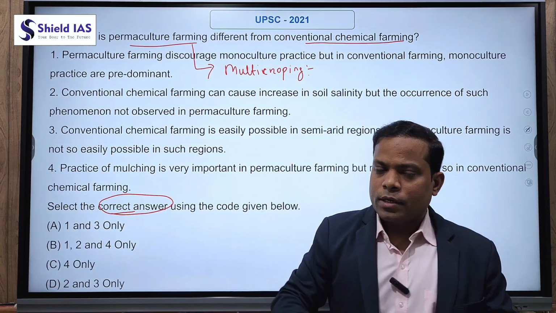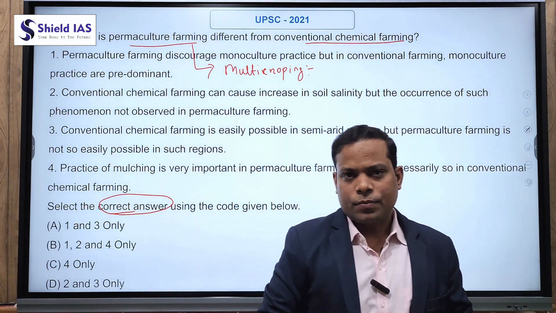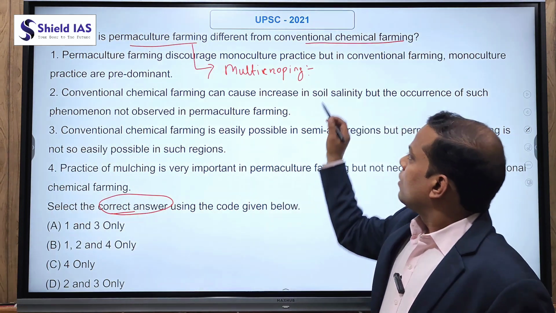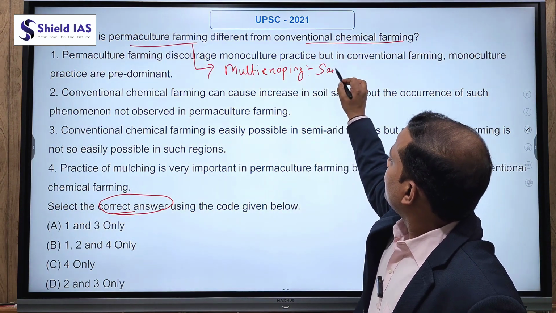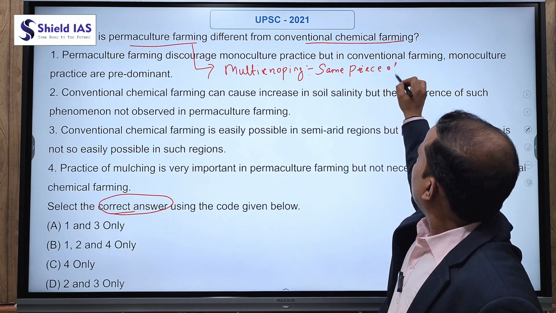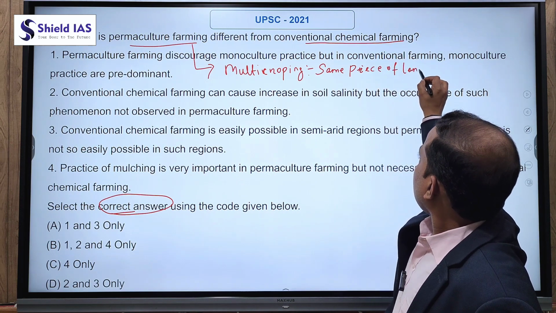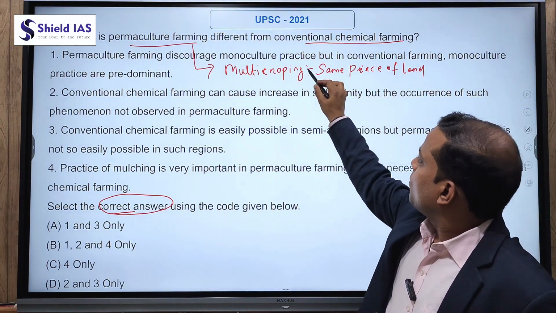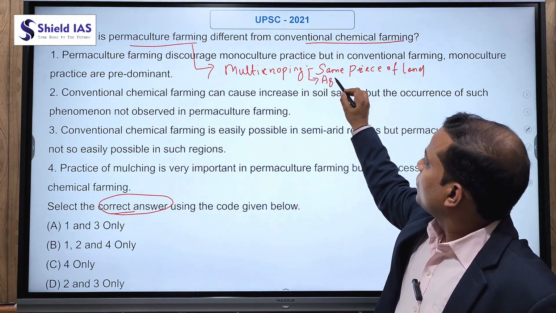And what is multi-cropping? It is a process through which farmers grow two or more crops on the same piece of land within a year. And the best example of multi-cropping is agroforestry.